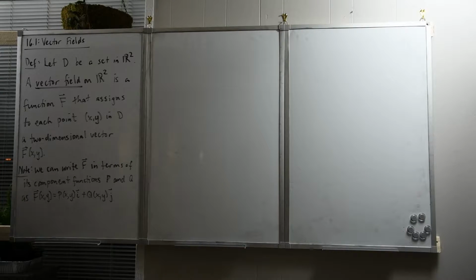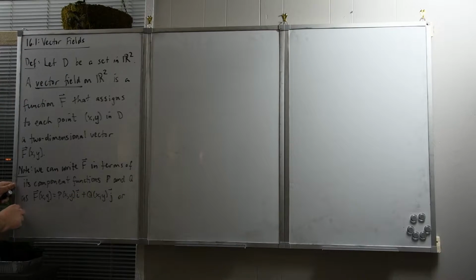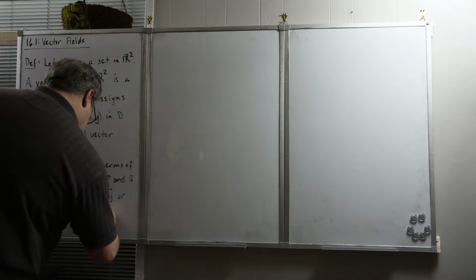Or you might write it in component form. Use this notation. Or you might even write it as F equals Pi plus Qj.